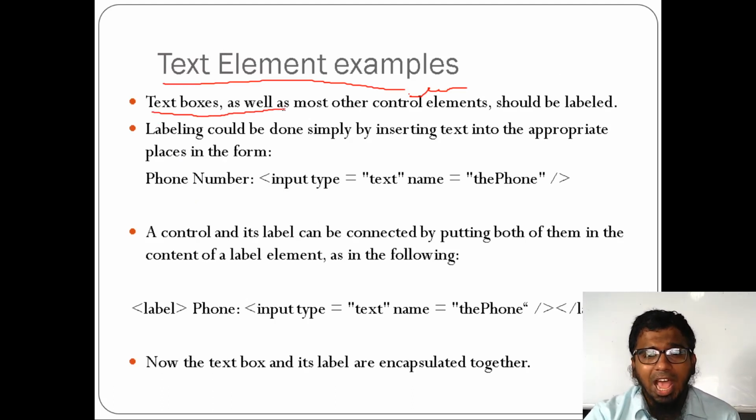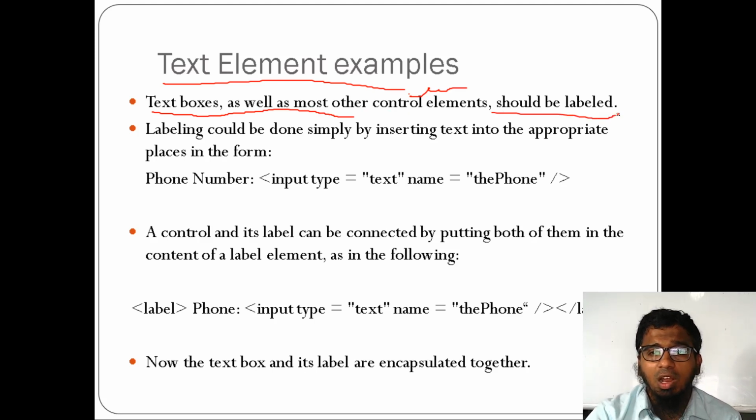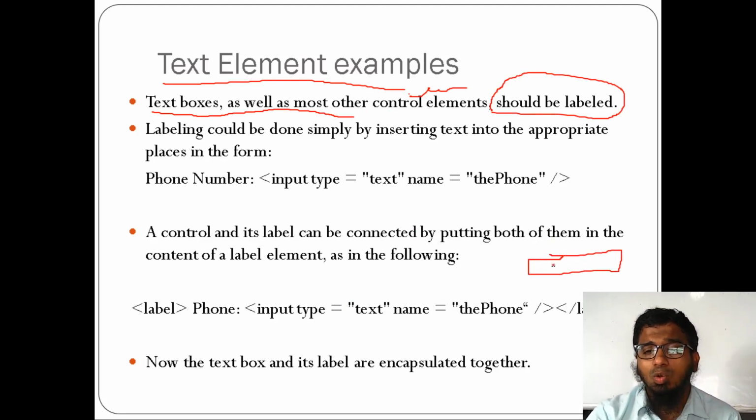A text box as well as most control elements should be labeled. Labeling is very important. If you have an empty text box, what should I write here? Should I write my name, my department, my phone number? Here the label is very important.